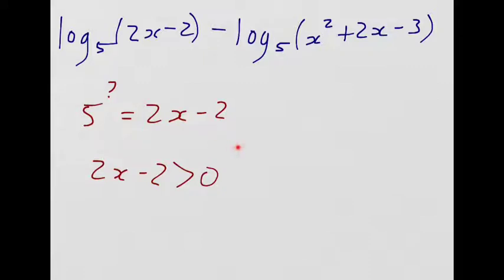Can't equal 0, can't be less than 0, because otherwise I have an impossible statement. So to put it even more simply, when you have a logarithmic expression that has variables in the argument, to find the restrictions, make that greater than 0, and then solve for x.